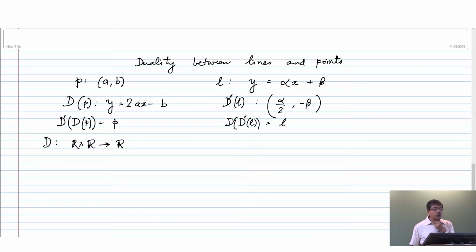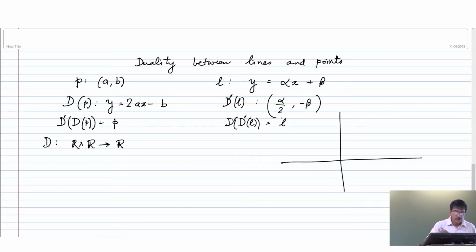Now, how did it come from and how can it help us? Let me give a pictorial interpretation of this. So this is y = x².